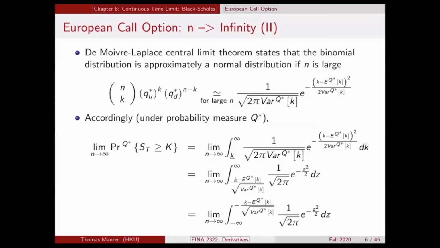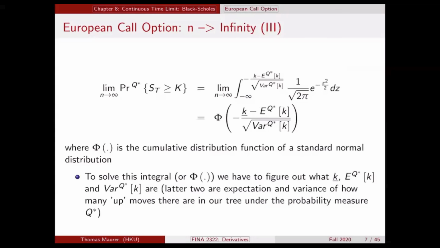And then once we have this expression, we basically just rewrite that by saying, look, define that phi variable as that integral over this normal distribution density for the normally distributed variable taking any value between minus infinity and minus that term over here. So that's how this phi thing is defined.